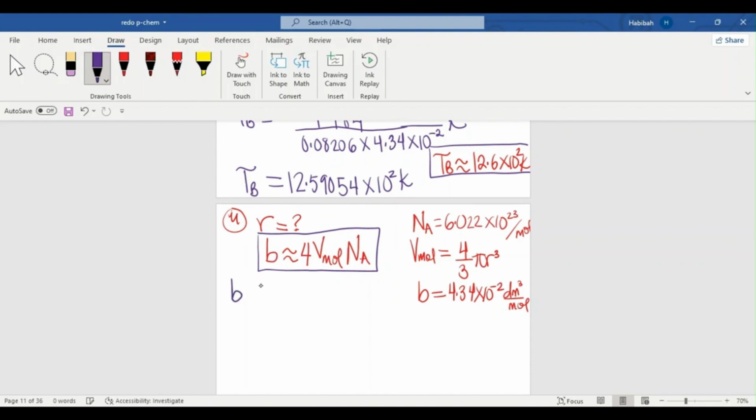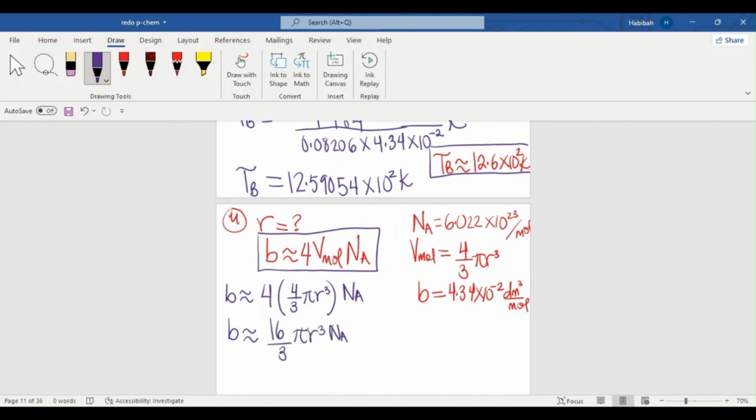So we're just going to substitute and reuse the formula in order for us to solve the problem. So you have b, changing to purple now. So you have 4 times the volume of the molecule, you substitute. So that'll be 4 over 3 pi r cubed, and then Na. So 4 times 4 is 16. So you have 16 over 3 pi r cubed Na.